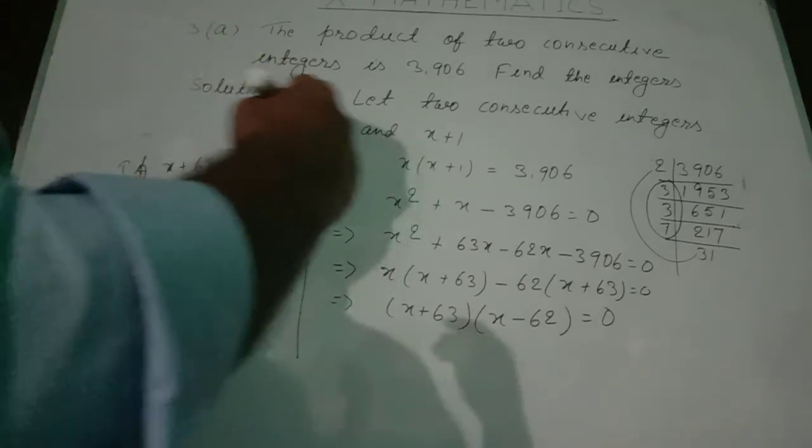And if here this side, if x minus 62 equal to 0, then x equal to 62.